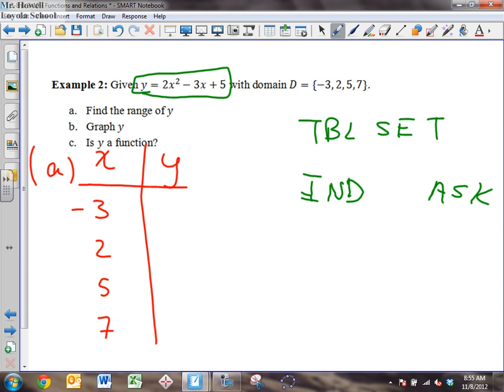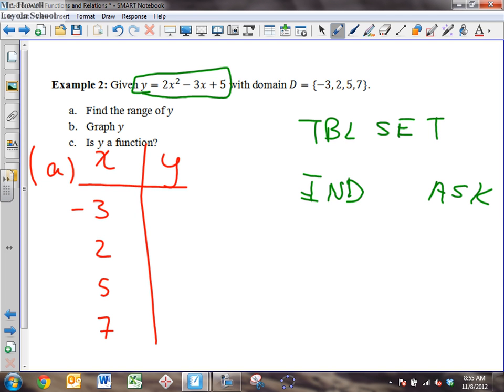Our independent variable again is x. Oh, sorry, second window for table settings. We'll go down to independent, we'll go over to x. So second window to bring up table settings, that's my mistake. Second, and table settings. Go down, go over, and enter on that, and go y equals.